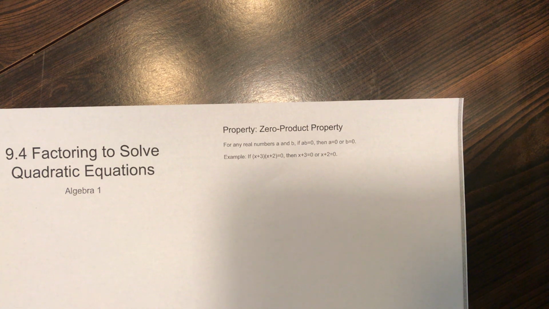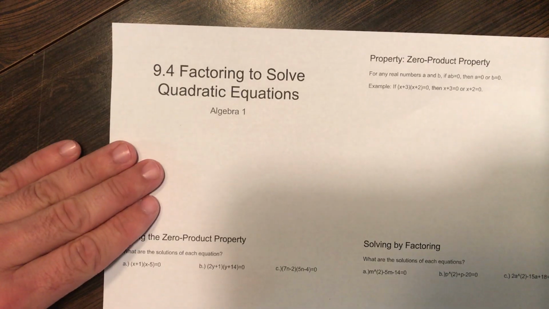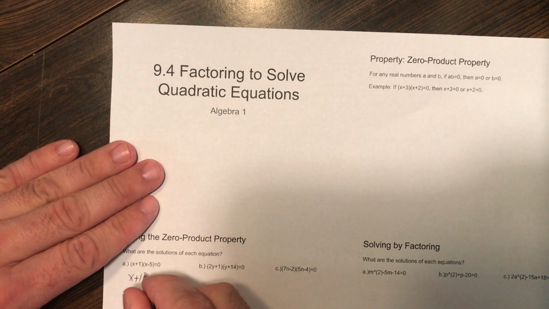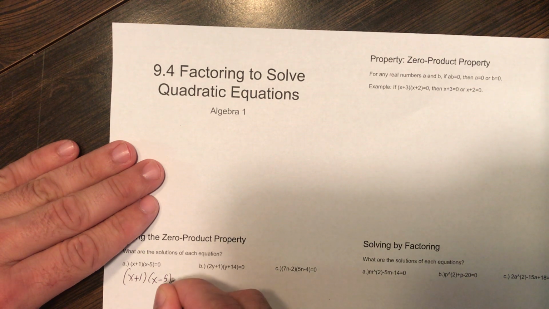Okay? So, based off that, that's where we're going with this. That example is exactly what we're going to be doing in this first set. So you have x plus 1 and x minus 5 equals 0.